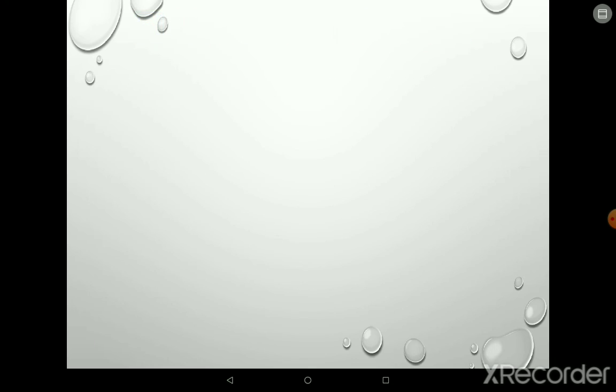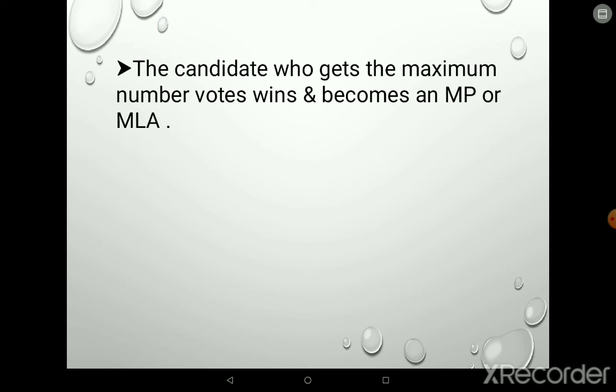Then in each constituency, the candidate who gets the maximum number of votes wins, and they become the MP or MLA. MLA means member of legislative assembly.